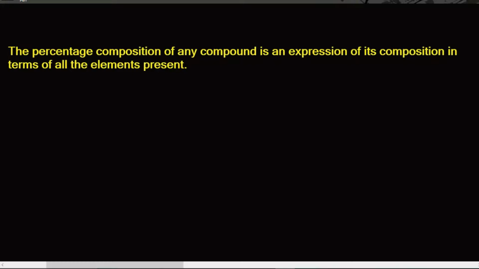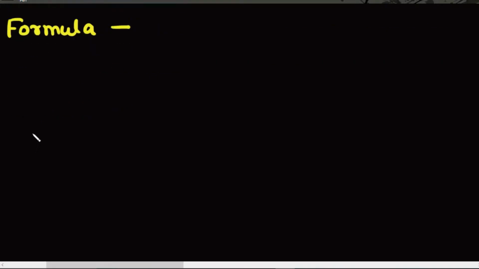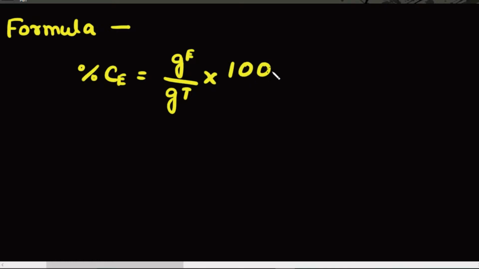Next, we will be learning the formula for percentage composition. The percentage composition of a given element is given by the following formula. Percentage subscript CE is equal to G superscript E divided by G superscript T into 100%.